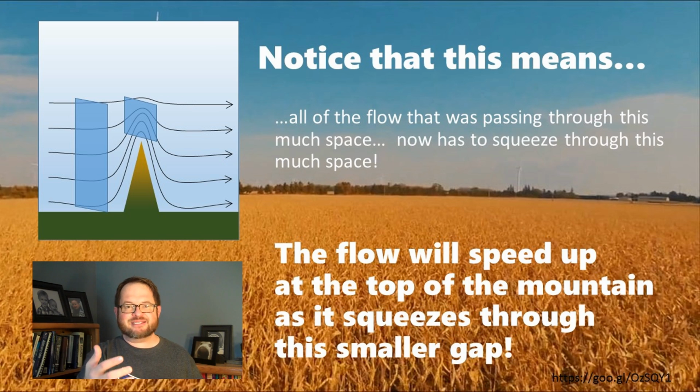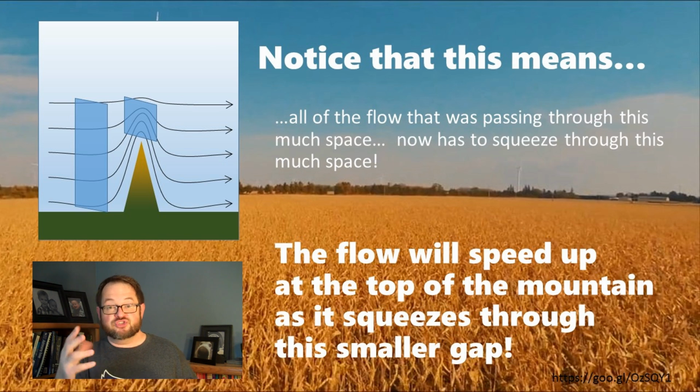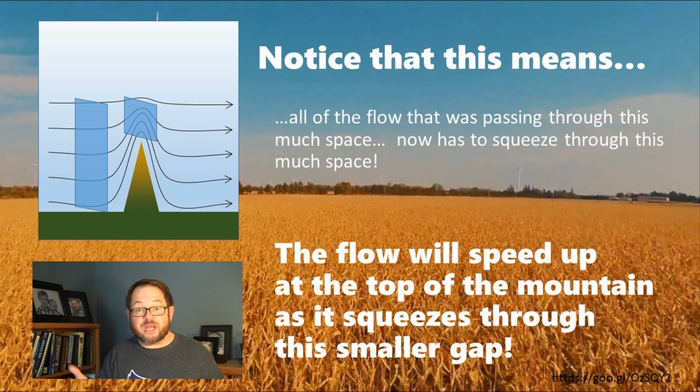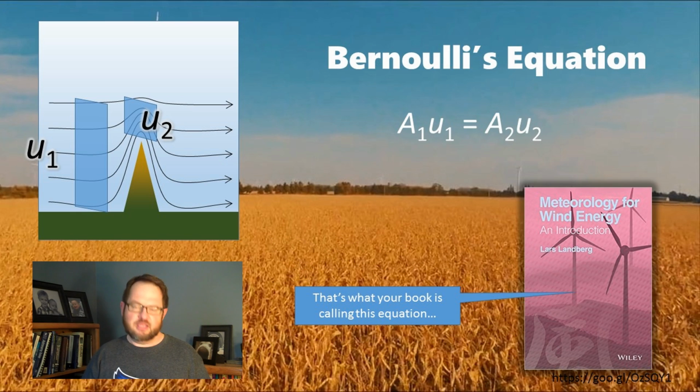The same amount of mass that was passing through that larger plane upwind of the orography now has to pass through a smaller plane, so the way that will happen is for the rate at which the flow is moving to accelerate. Now, your book is making a peculiar choice here. Your book is calling the equation that describes that Bernoulli's Equation.